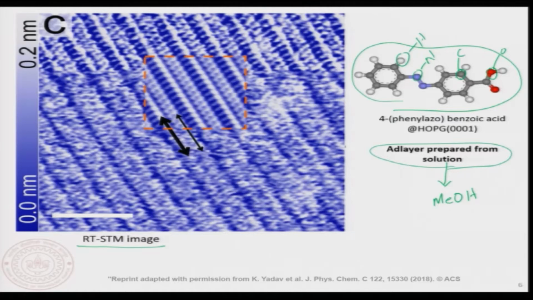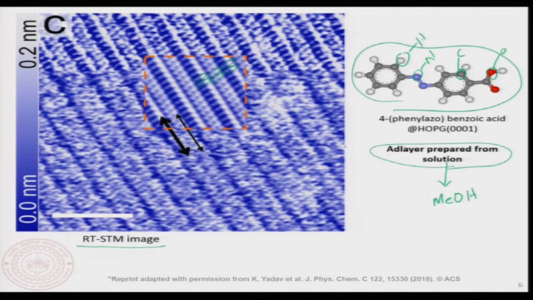Nonetheless, by doing some kind of averaging technique, you can clearly see what a molecule is. Here the molecules look like linear bright contrast. Each of these is a molecule, and you can also somewhat see the length of the molecule, and with that you can understand how the molecules are arranging on the surface.